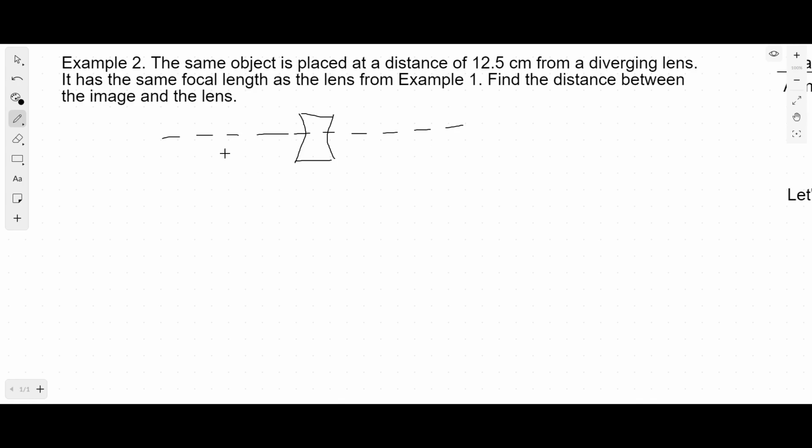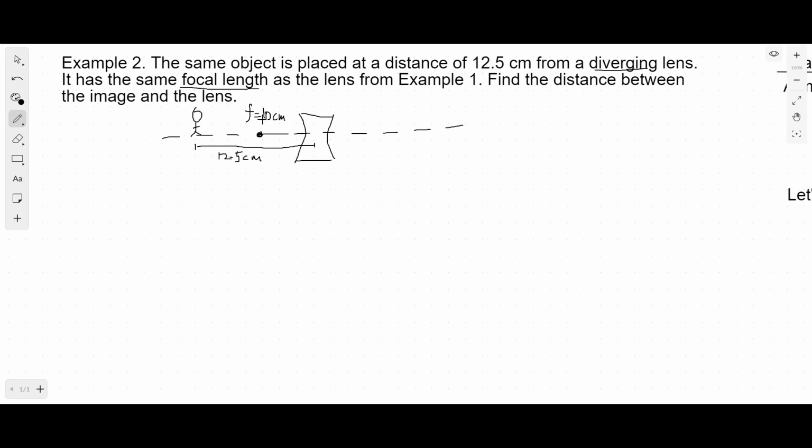Here's our little center line. Here's our man. He is at a distance 12.5 centimeters. The focal length is the same as the lens from example 1, 10 centimeters, but we're not going to draw it to the right. We're going to draw it to the left. So here is my f, 10 centimeters.